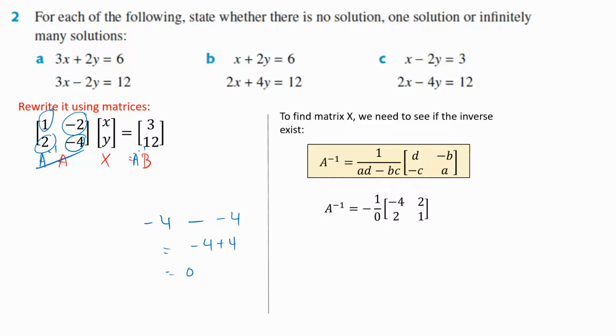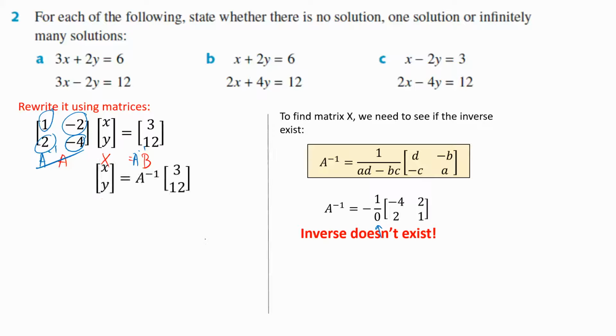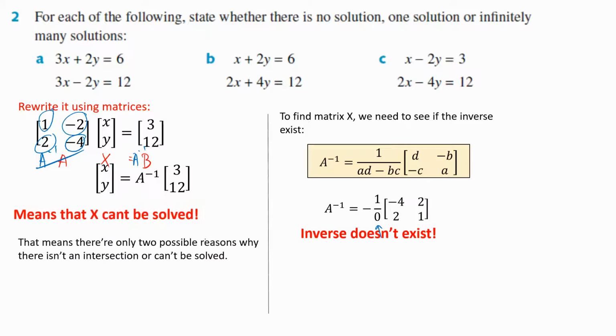And we know when the determinant is equal to 0, what does that mean? Inverse doesn't exist. If inverse doesn't exist, what does that mean? X doesn't exist. Now, if X doesn't exist, there's only 2 reasons.